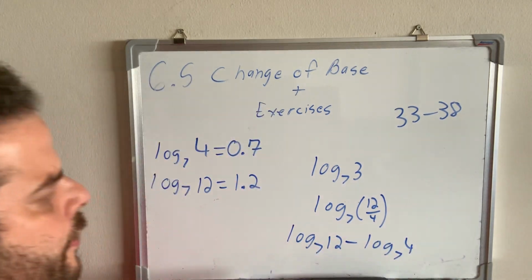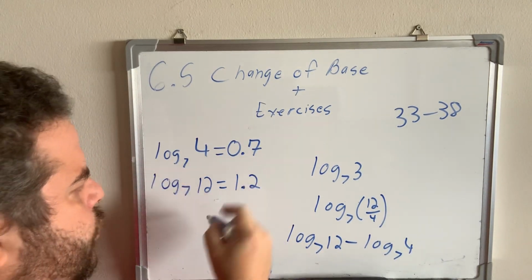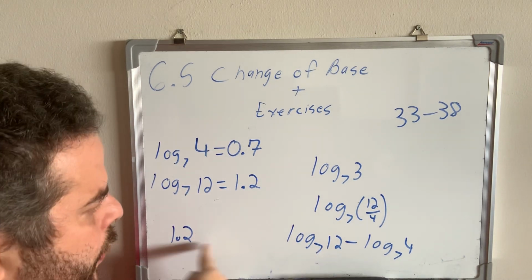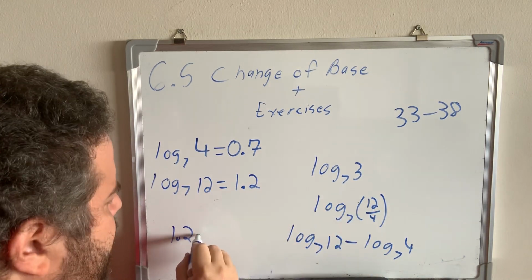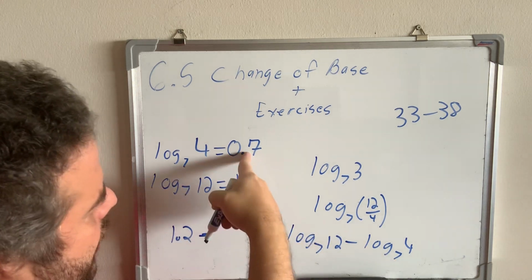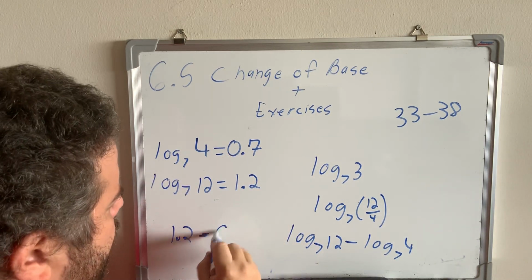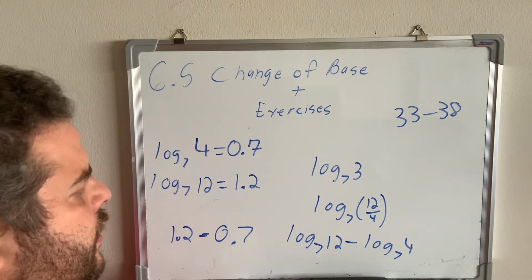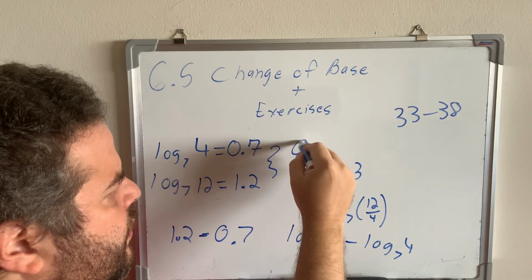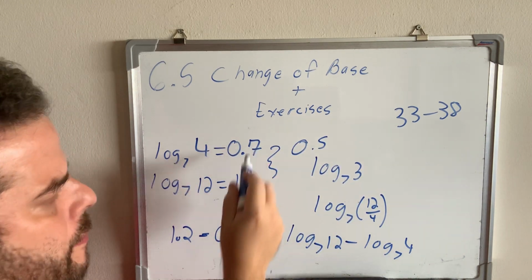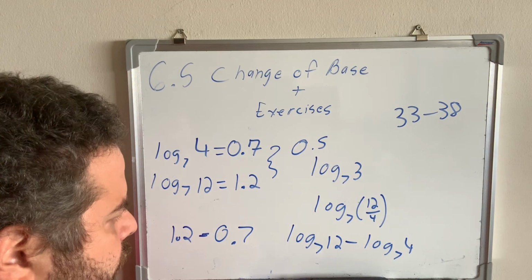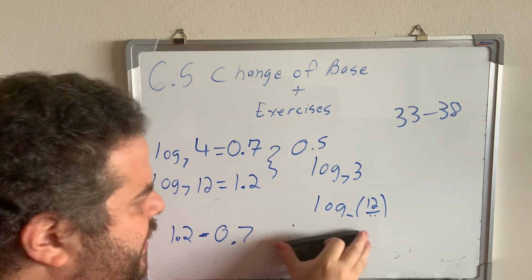I know that log base 7 of 12 is 1.2, so I substitute 1.2, since it's a division, minus log base 7 of 4, which is 0.7. So the answer, again without a calculator, is 0.5. That's the exact same thing as log base 7 of 3. I hope that's clear.